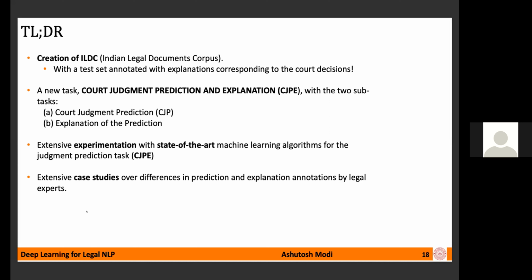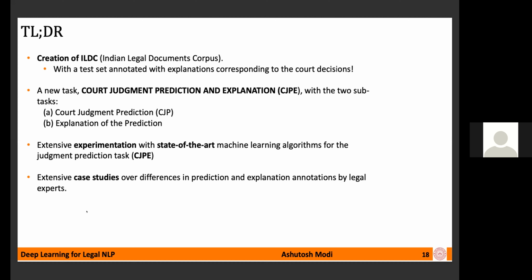Right. So we develop a battery of baseline models for the CJPE task, as I'm going to show later. And we perform extensive experimentation with state-of-the-art machine learning algorithms for judgment prediction. We also develop a new method for explaining machine predictions, since none of the existing methods could be readily applied in our setting.